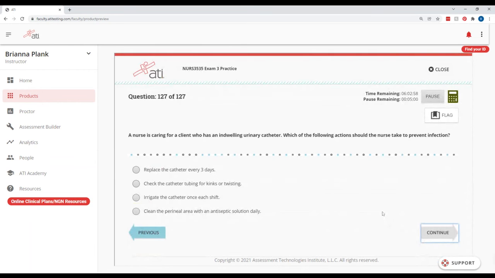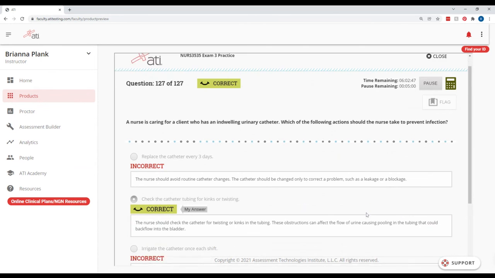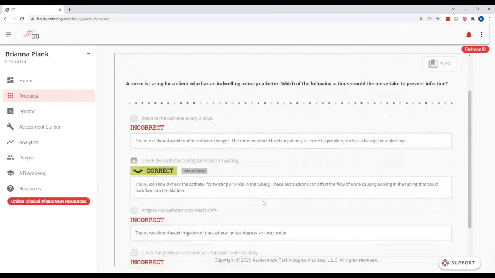Okay, last one. We have an indwelling catheter. Which of the following actions do we want to take to prevent infection? Okay, so we don't want to replace the catheter unless we need to. We don't want any kinks or twisting in our tubing because that can block the flow of the urine and make it back up.